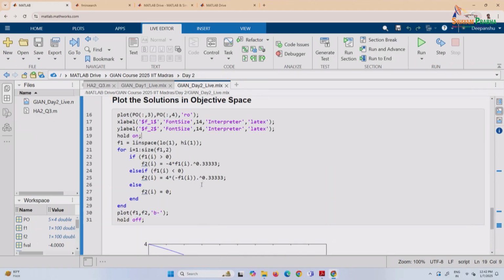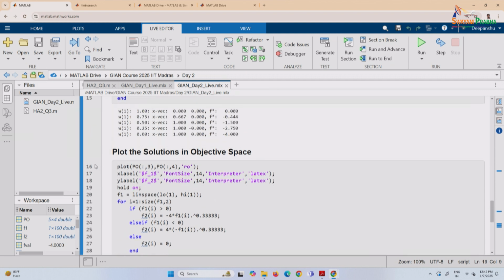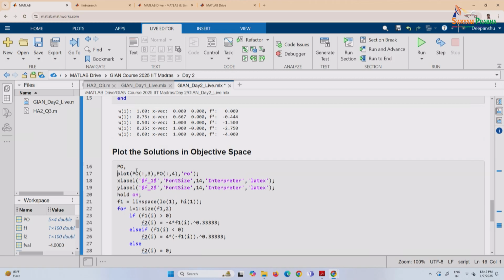Okay, let's run it again. Here I'm setting up, but let me also print the PO before I plot it. I'm going to print out the whole PO matrix next time I run it. Run it.